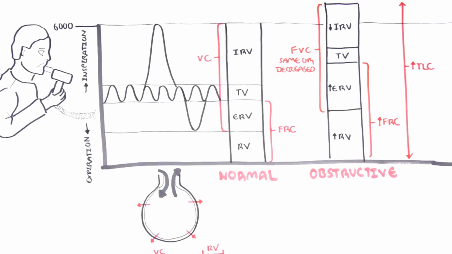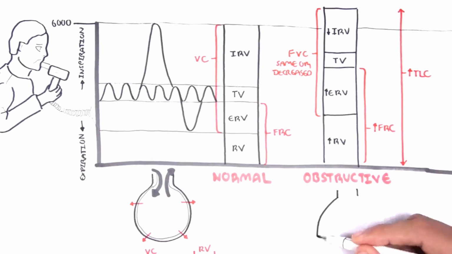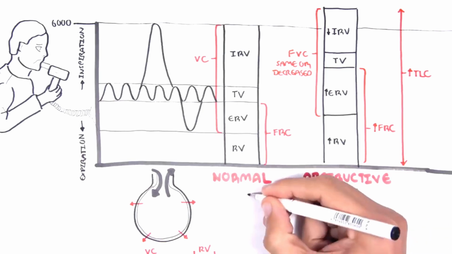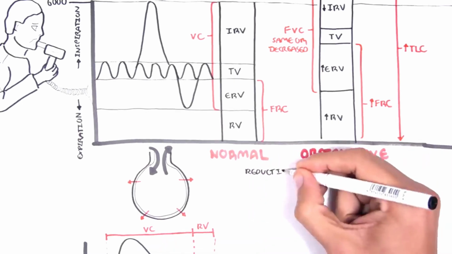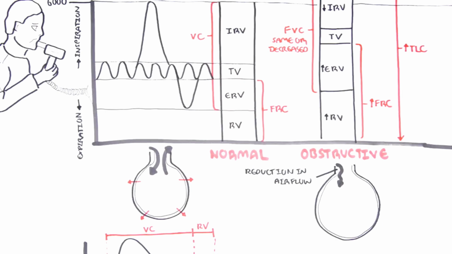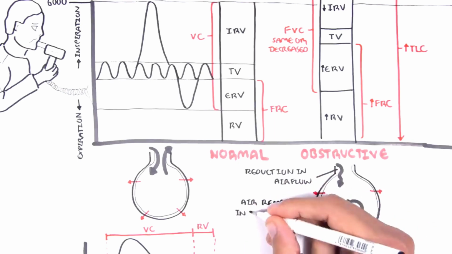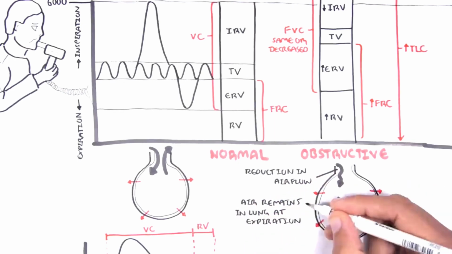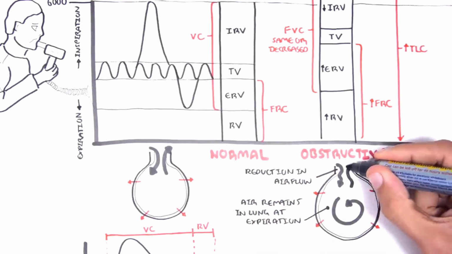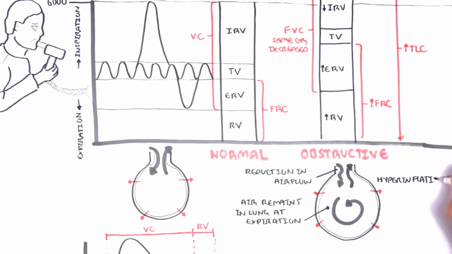The reason behind these changes in lung volume and capacities are two main things. Firstly, the reduction in airflow to the lungs due to obstruction. And then you have what's called air trapping. The air remains in the lungs at expiration. As a consequence, you get hyperinflation and consequently an increase in your functional residual capacity.